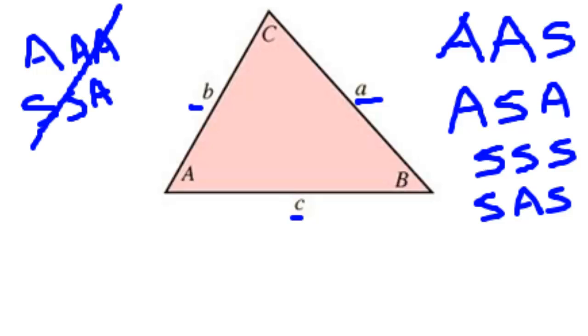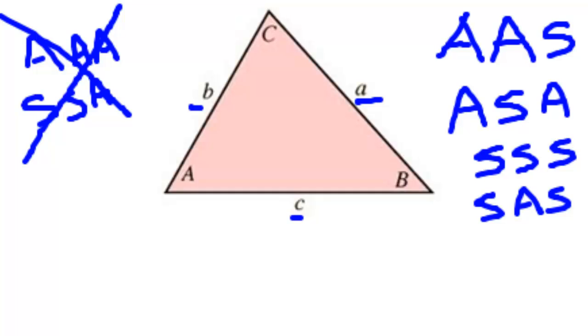And we cannot use those to determine the size and shape of a triangle. Once we know 3 different parts, we can use trigonometry to determine the other 3 parts of the triangle.